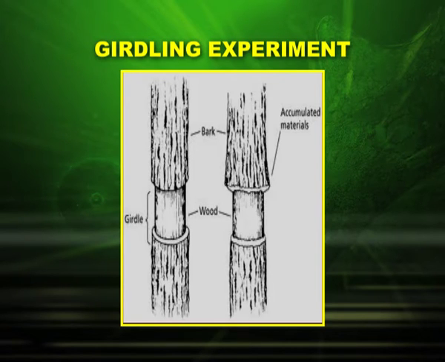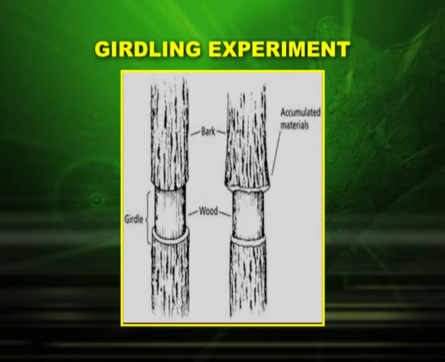Look into the picture. In this girdling experiment, what do you observe? You observe the accumulation of food material just above the ring and the roots die out. In the following figure, you see the girdle, the bark which is removed, and here the accumulated materials.